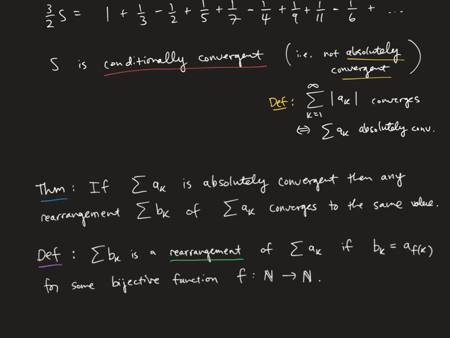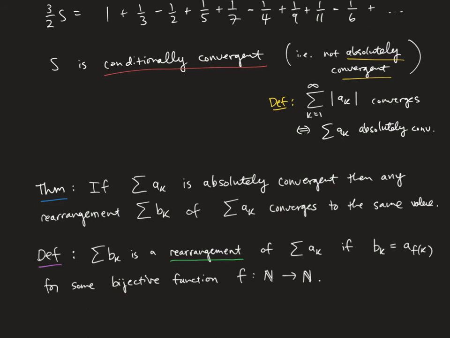Precisely, if you have an absolutely convergent series, that is one for which the sum of the absolute values of the terms converges, then any rearrangement of your series converges to the same value as the series itself. Intuitively, a rearrangement just takes the a's, swaps them around, and takes the partial sums in that order.